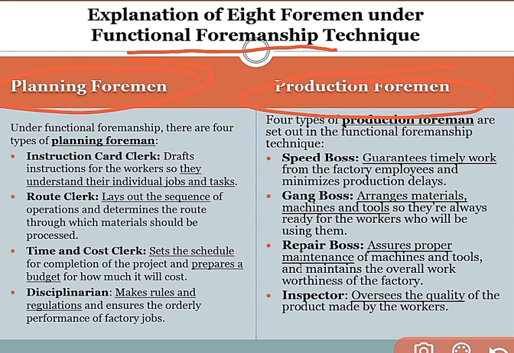And under planning foreman as well as production foreman, there are four subcategorizations of managers, the foremen who work together for achievement of organizational goals, and they are specialized and expert in their particular field in the organization for doing the work.